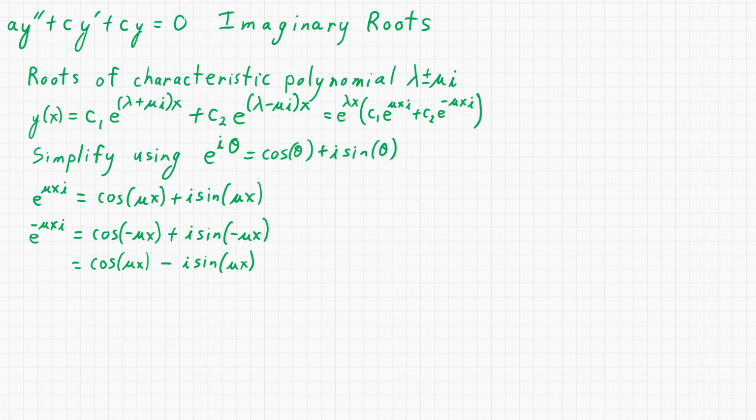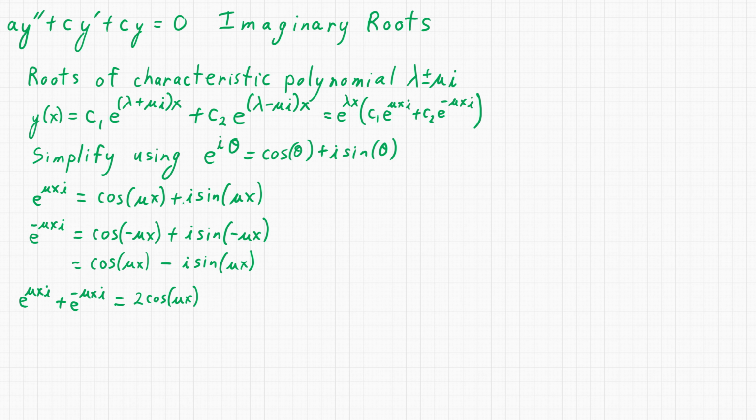Now the first clever trick: what if I take e to the mu x times i and add it to e to the negative mu x times i? That ends up being cosine of mu x plus cosine of mu x, which is 2 cosine mu x.